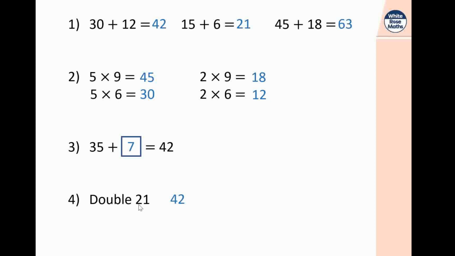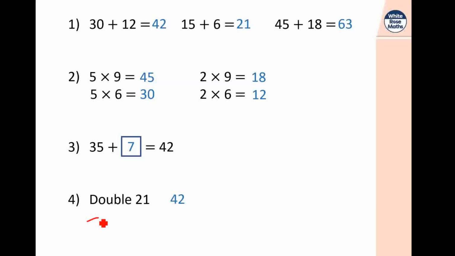How many times does 7 go into 21? 3 times. Okay. 3 times 7 equals 21.